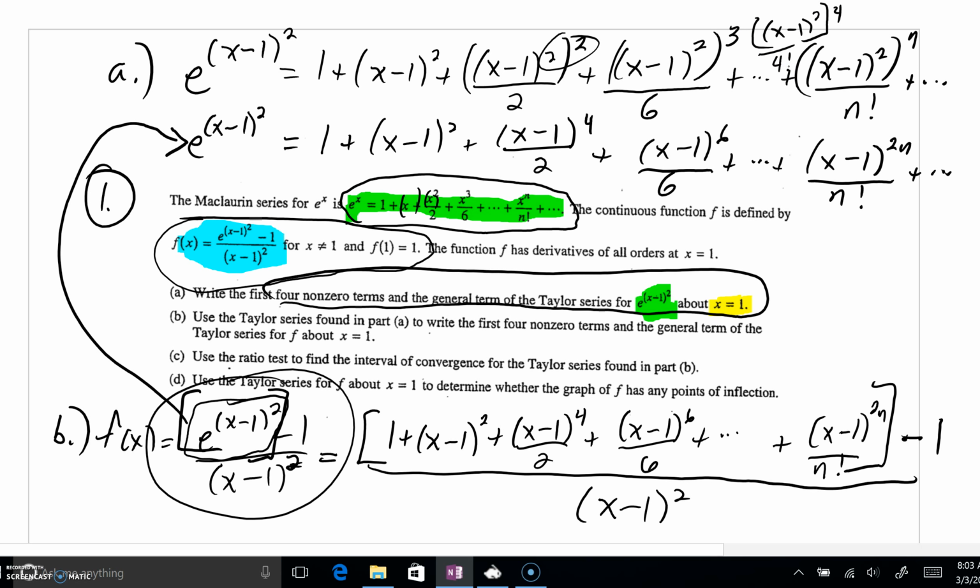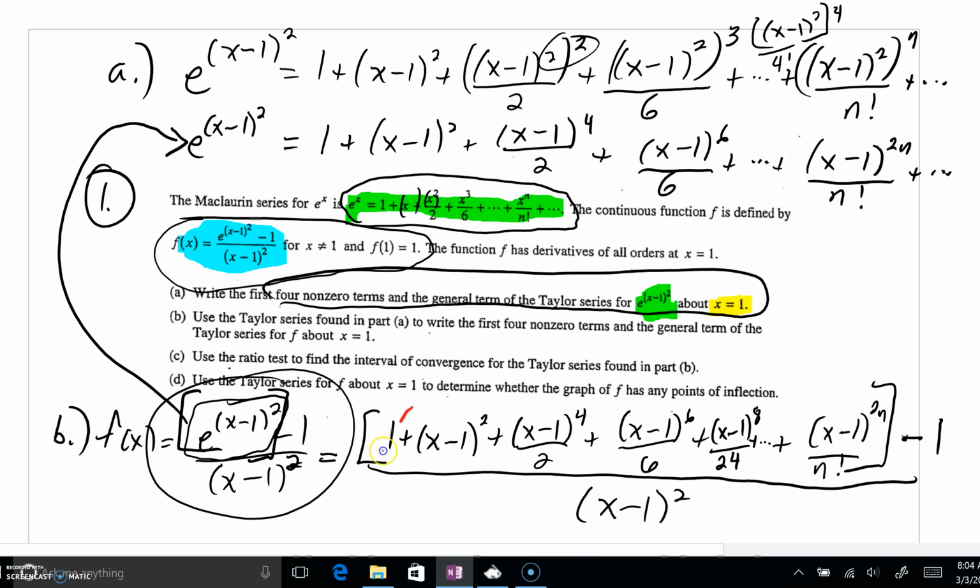And why do I bring that up? Well, that would be x minus 1 to the 8th all over 4 factorial. I'm bringing that up because if you're really on your toes, 4 factorial, by the way, is going to be 24. You're going to see what's happening here.